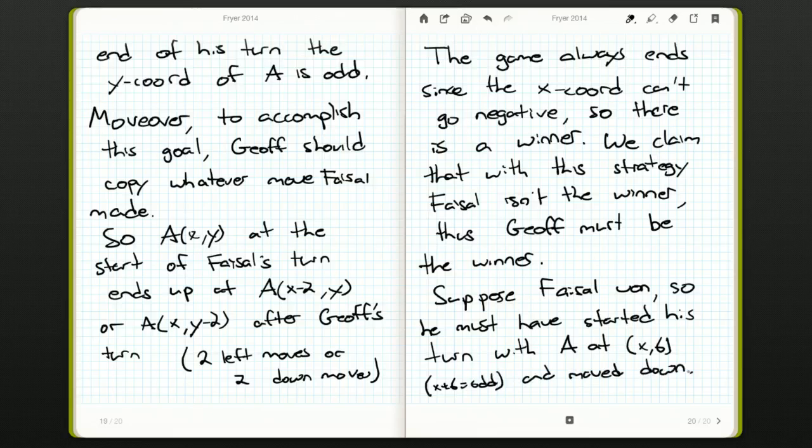So he must have started at x6 and then moved down to x5.